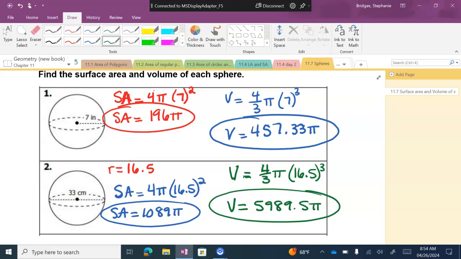Make sure you stick pi behind it. It's already set up for you.